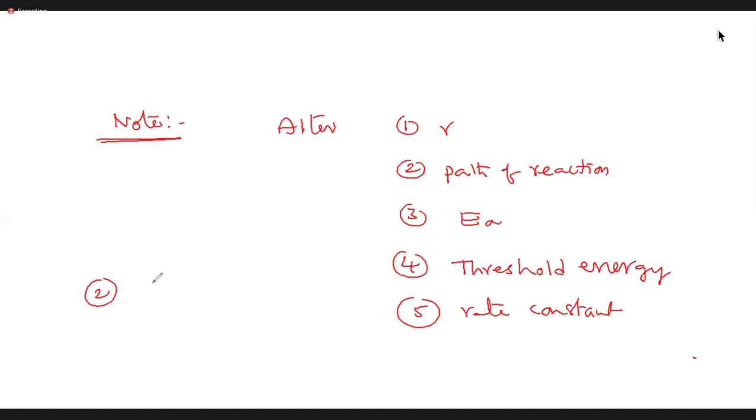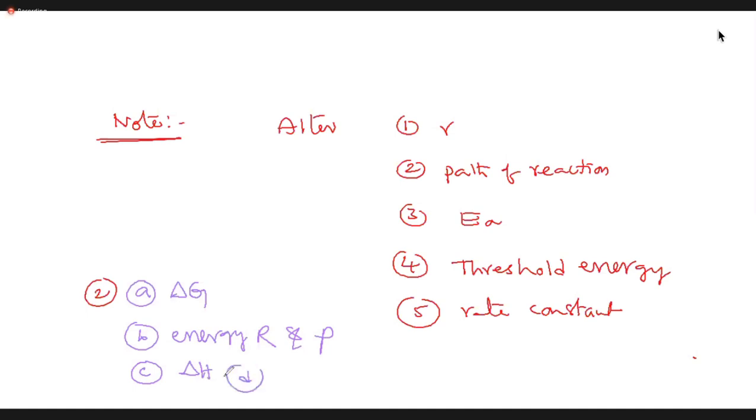Catalyst does not alter the change in free energy, delta G; the energy of reactants and products; the enthalpy of reaction; the entropy of reaction.